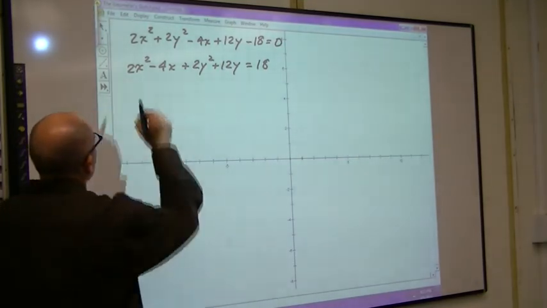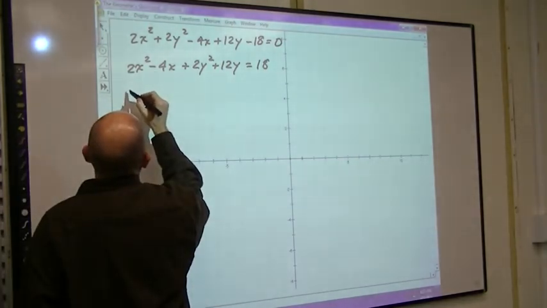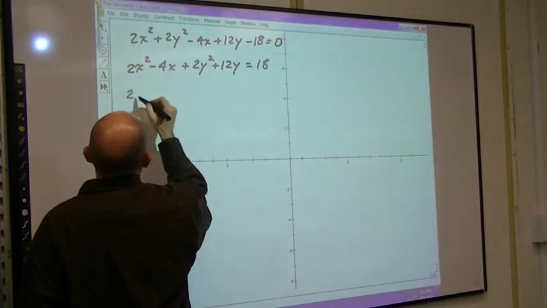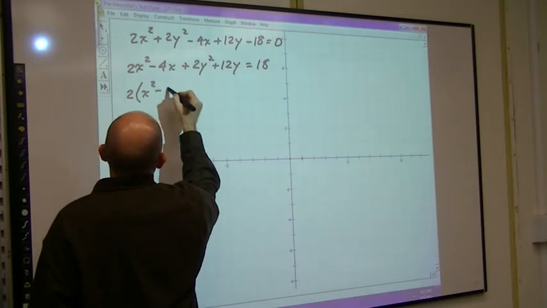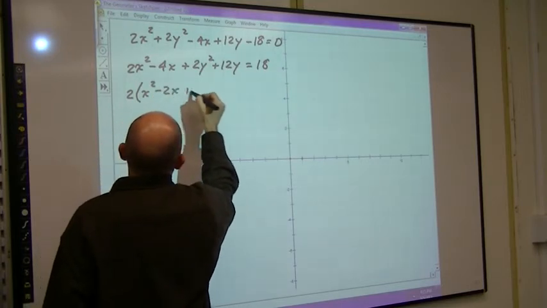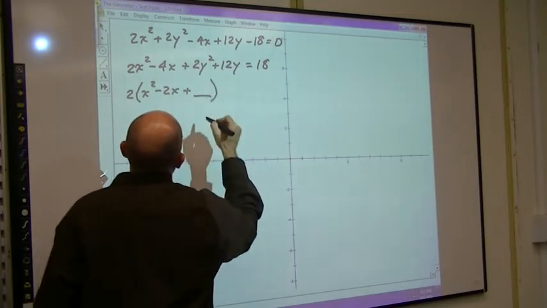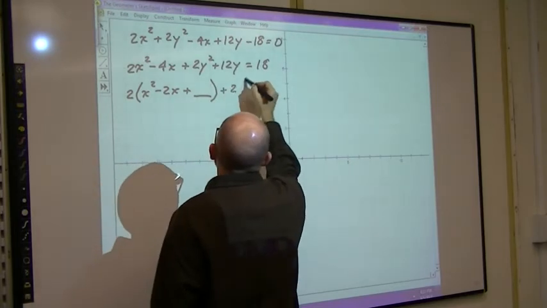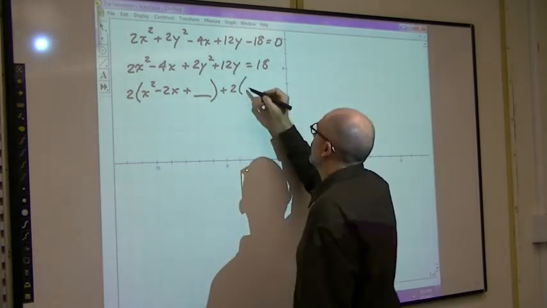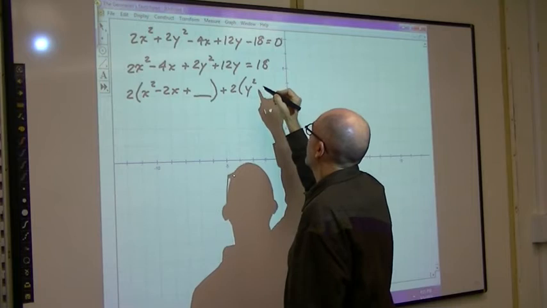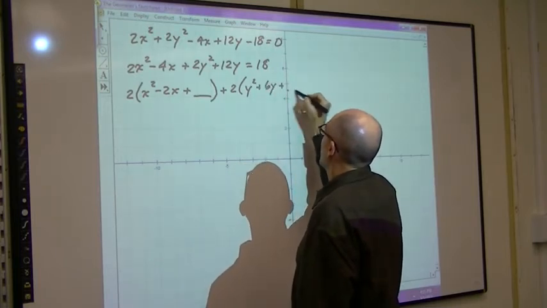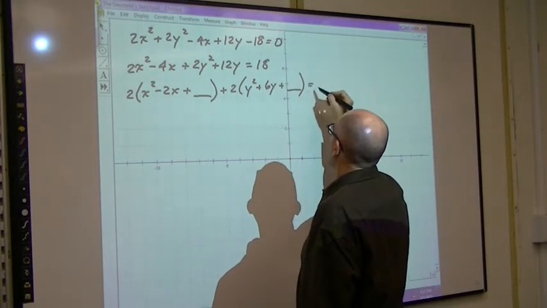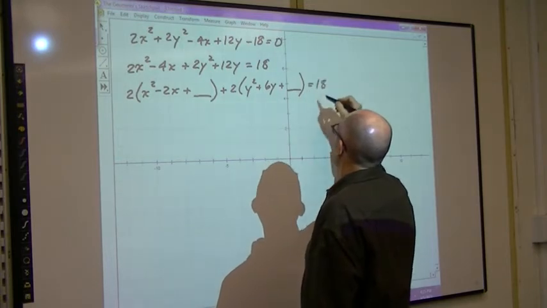Okay, now we're going to factor the 2's out of the x's and the y's. So we have 2 times the quantity x squared minus 2x plus blank, plus 2 times the quantity y squared plus 6y plus blank, equals 18.